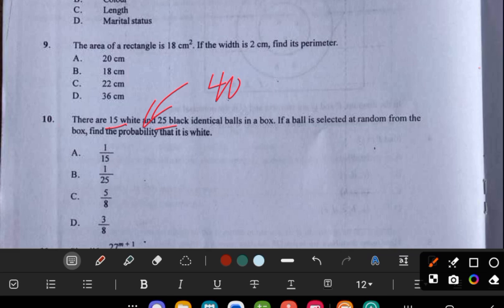So now we are asked to find the probability that it is white. How many white balls do we have? 15. So 15 divided by 40. We're going to end up with, 5 here, 3, 5 here, 8. So 3 over 8, question 10. Answer is D.